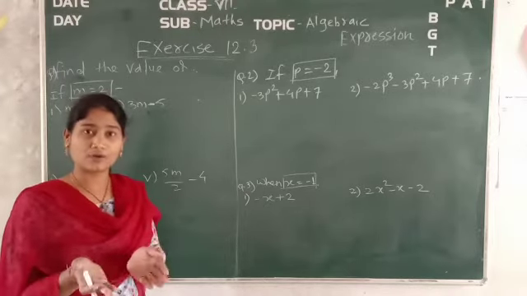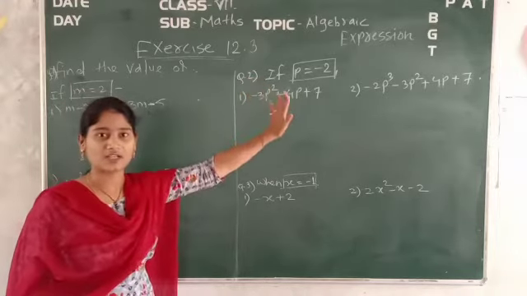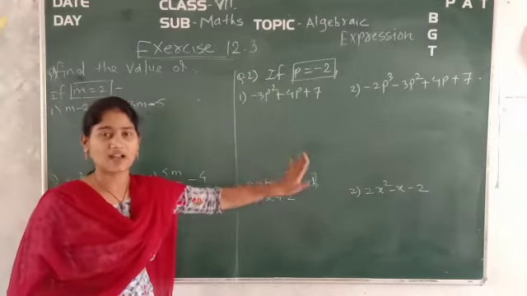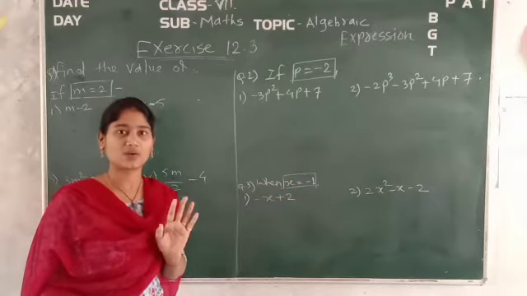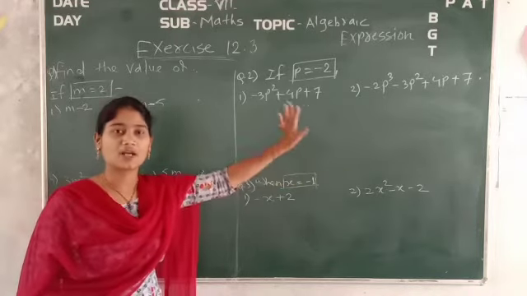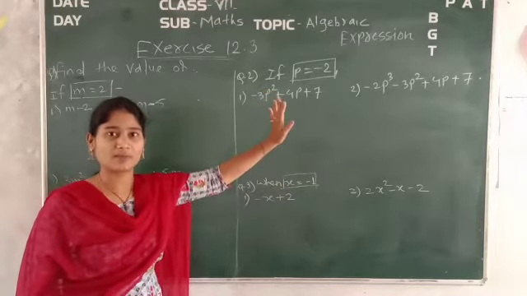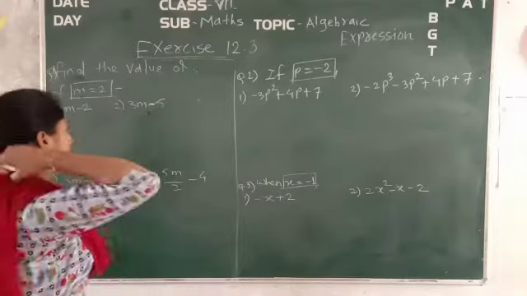So you have to put this value within the particular expressions and calculate in such a way that finally we get one single constant. It may be a constant only, not a variable. Your value will always be a constant because you are just putting the value of the variable, so that variable will go out. Now see, we will calculate.